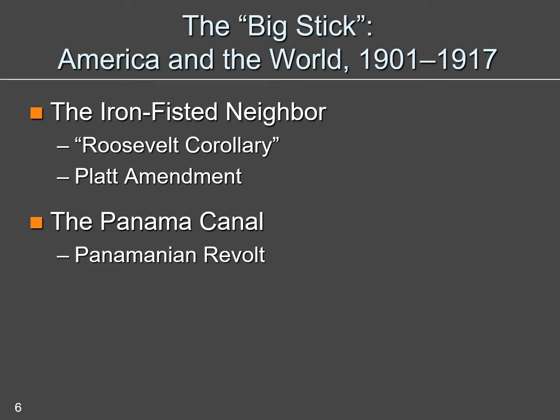So Roosevelt kind of issued the statement that European countries cannot come in because that would violate the Monroe Doctrine. However, the U.S. could intervene and did intervene, and so they would go in and get their money for those European powers. So in the Dominican Republic, they went in, organized their custom houses, collected taxes, used some of it to pay off Germany, and used the other part and gave it to the Dominican Republic so they could run their country.